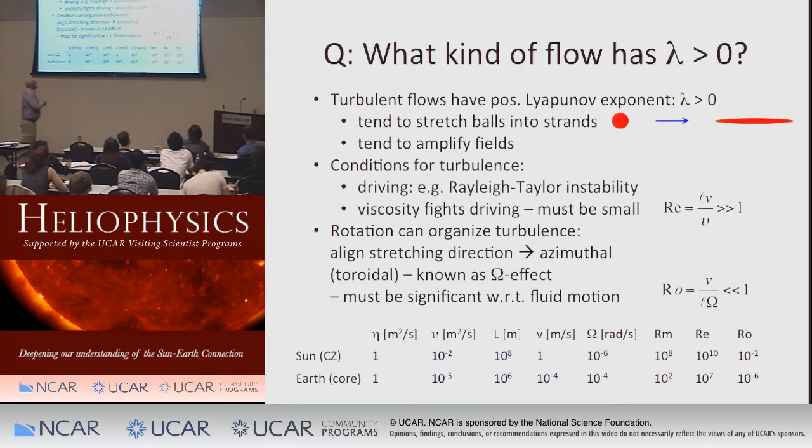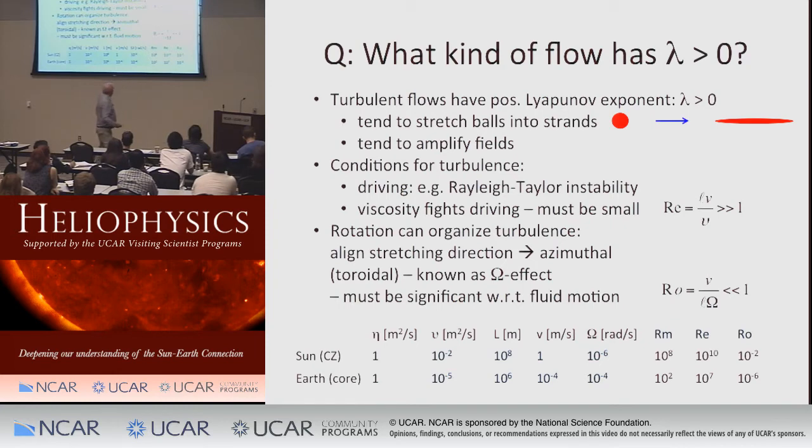So I'm actually thinking maybe I'm not going to get a dynamo. But then I look at the length scale we're talking about, and it's 10 to the 8, 100 megameters. So when I multiply those all together, I get my magnetic Reynolds number that is 10 to the 8. Much bigger than 1.